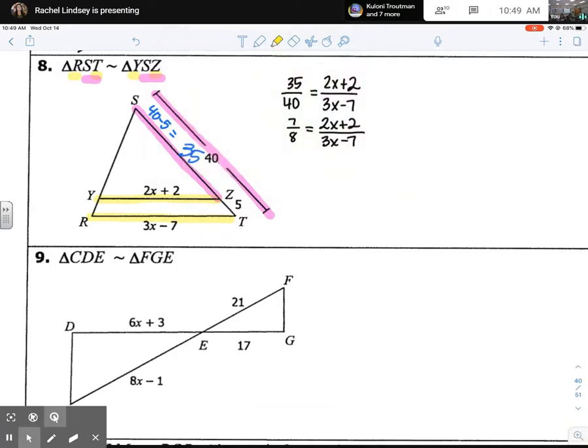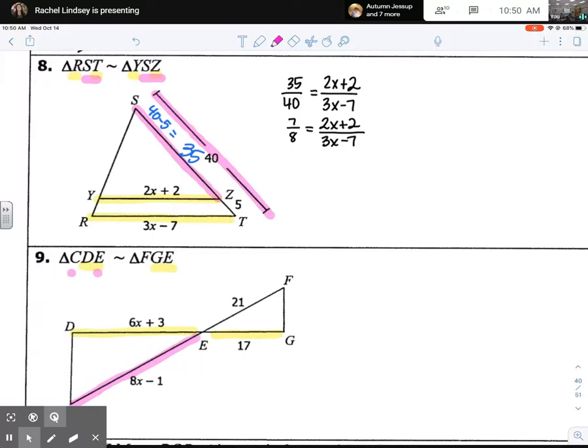So looking at this, I can follow my similarity statement, or I can just look at, I know I have DE on this triangle. So DE goes with GE. The other side I have is EC.